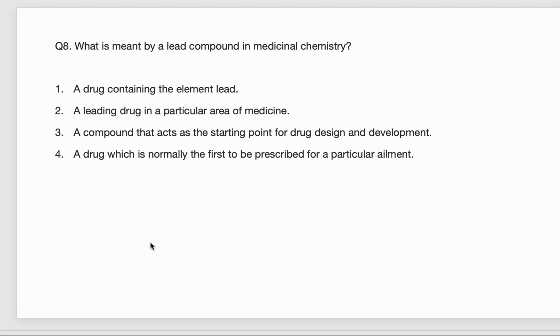So if we are talking about an antibiotic molecule, an antibacterial, the scaffold that is responsible for the action of the antibiotic molecule is what we call the lead. We design the drug around it to increase its efficacy and decrease its toxicity, and we work around that particular compound, that particular scaffold, and that is called the lead compound. So a compound that acts as a starting point for drug design and development is what a lead compound is.